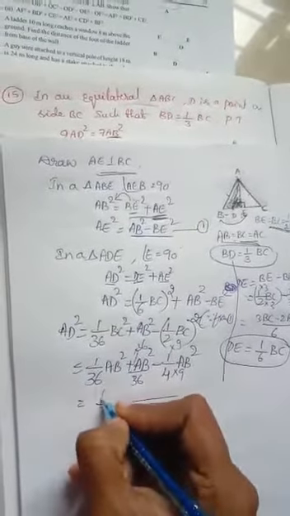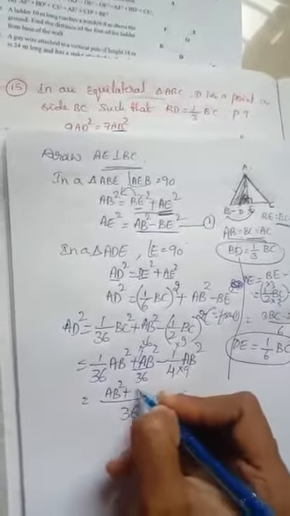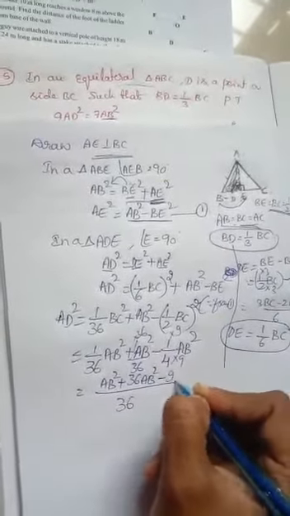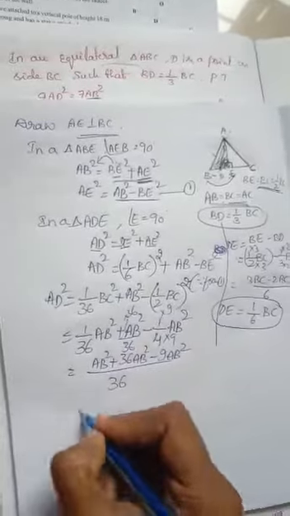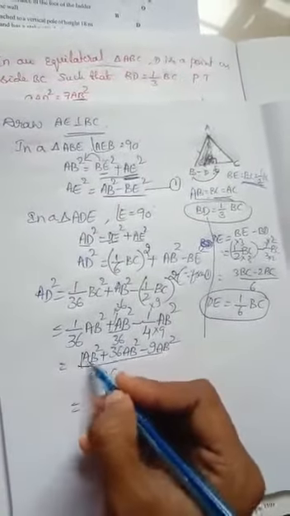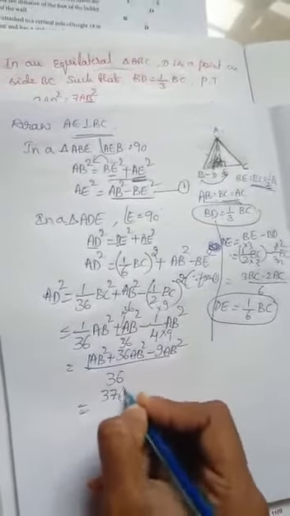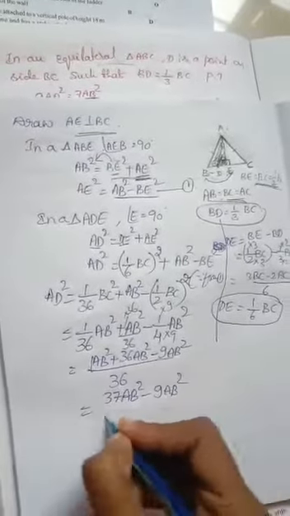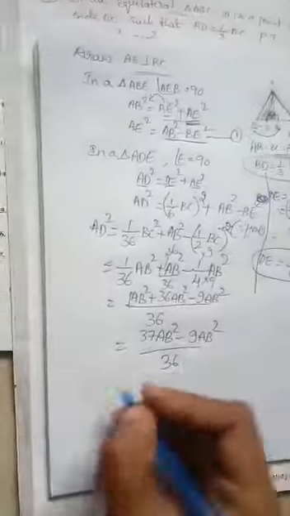Adding the numerators, AB square plus 36 AB square minus 9 AB square. Therefore, 36 plus 1 is 37 AB square minus 9 AB square by 36.